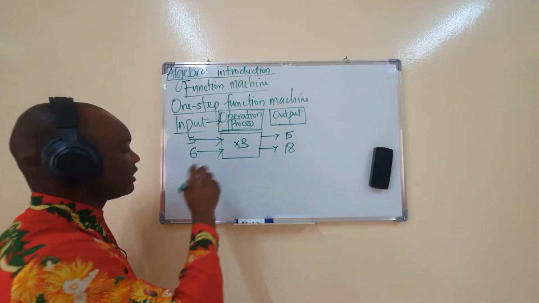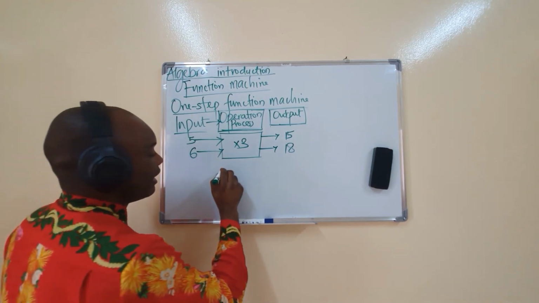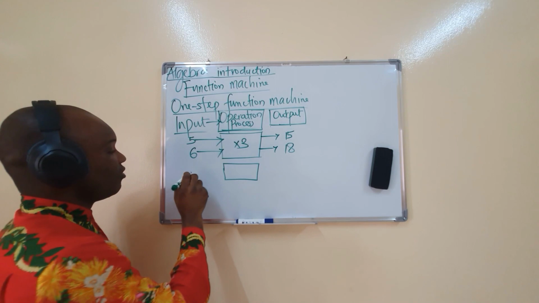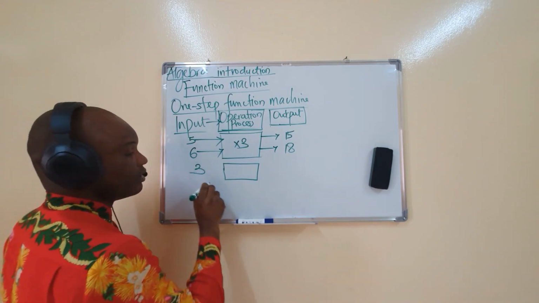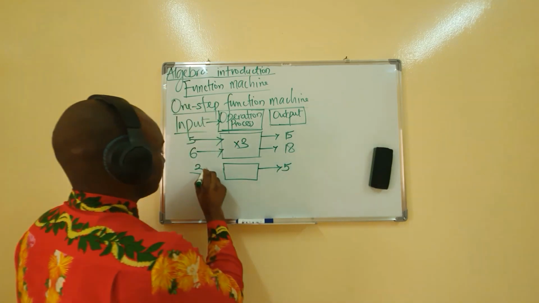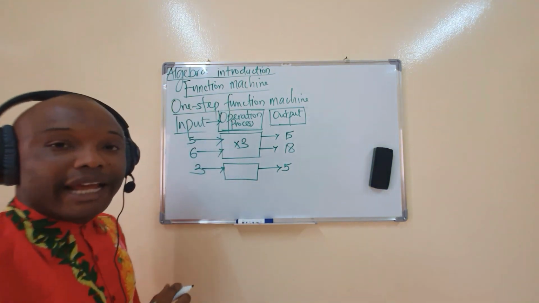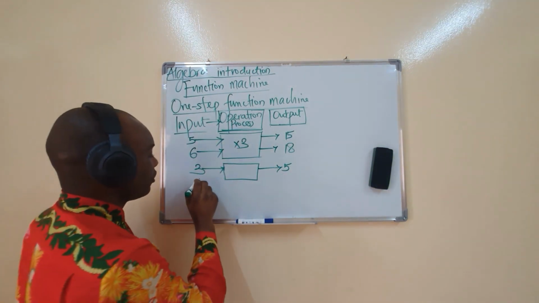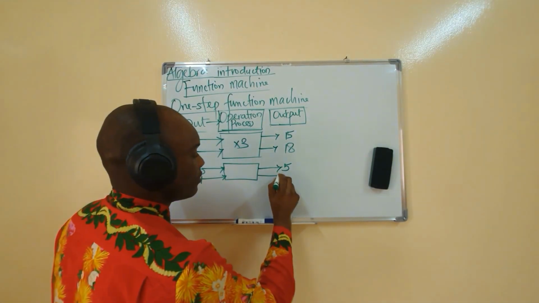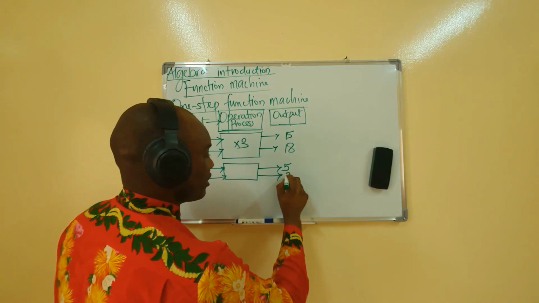Now let's take, for instance, you are asked to find an operation that must have existed to make a number like 3 become the number 5. And then the same operation is what made the number 1 become the number 3.